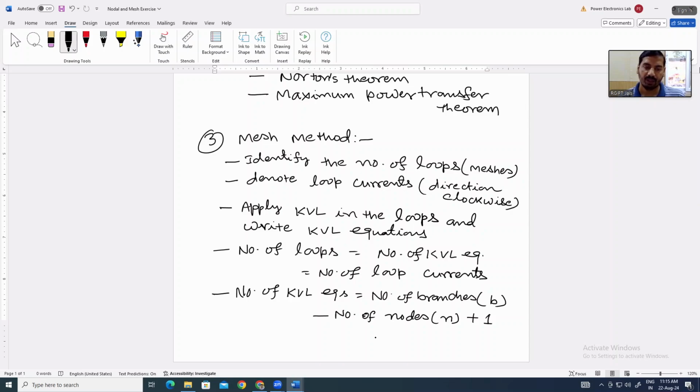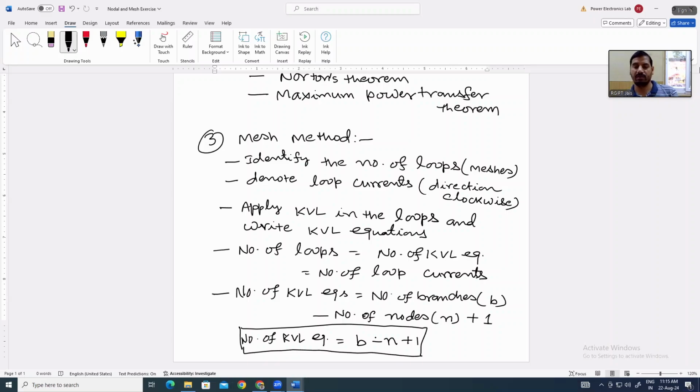So the number of KVL equations will be equal to B minus N plus 1. Clear?